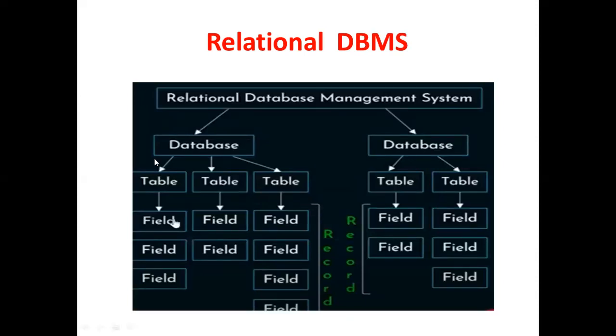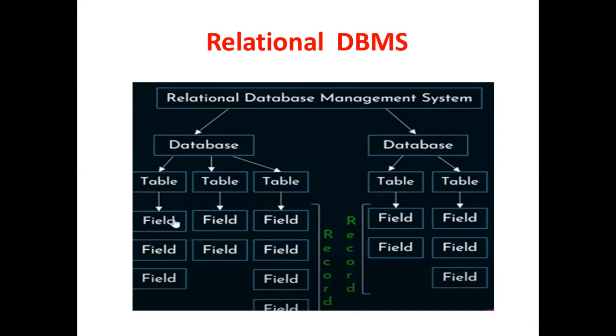The word relationship used over here is very important. Whatever data is stored has some kind of a relationship between them, and that's why it is called a relational database. It is also called a record-based DBMS because each record type defines a fixed number of fields or attributes.